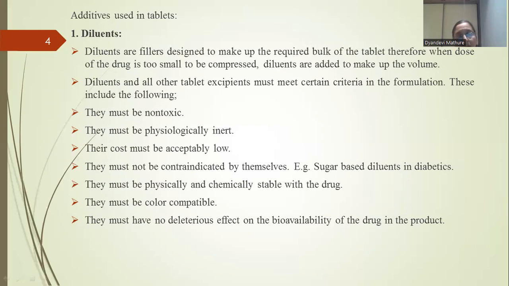That's why we are adding diluent. Therefore diluents are either fillers or materials added into the formulation of tablet to make up the bulk of tablet. Understood? They are basically added to make up the volume.